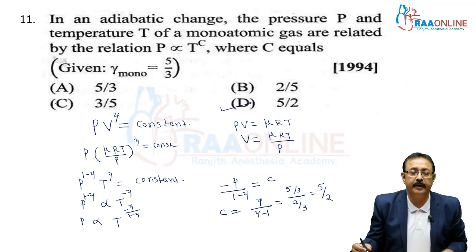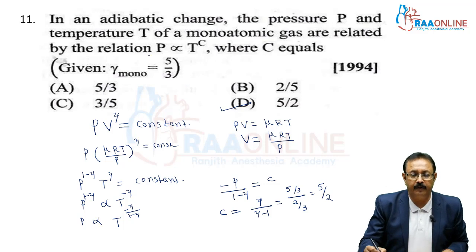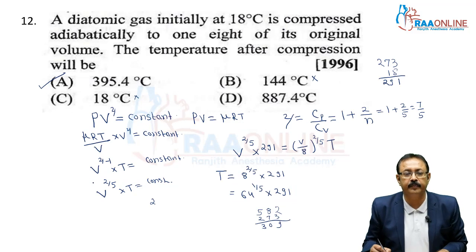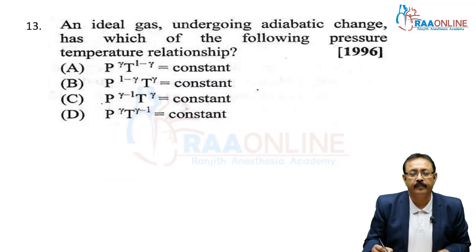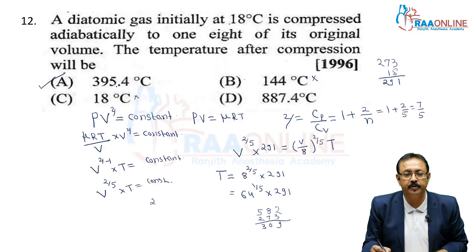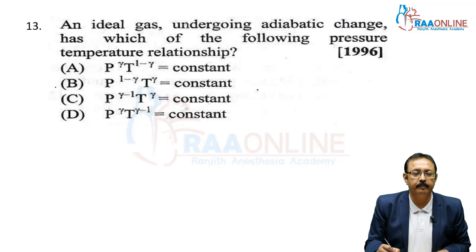What relation did we get? P raised to the power 1 minus gamma into T raised to the power gamma should be constant. P raised to the power 1 minus gamma into T raised to the power gamma. So we are going with option B.